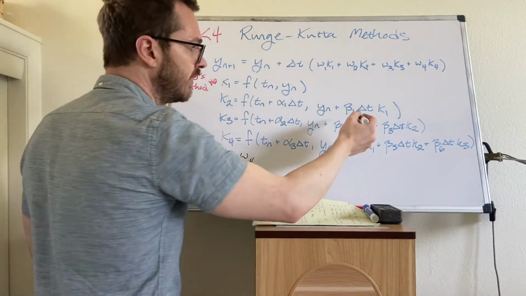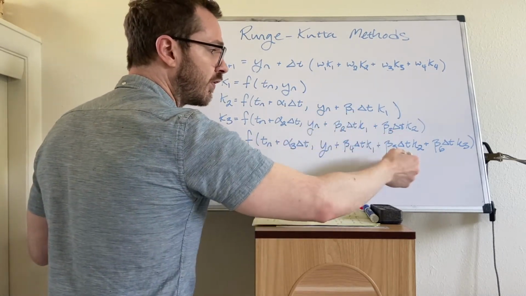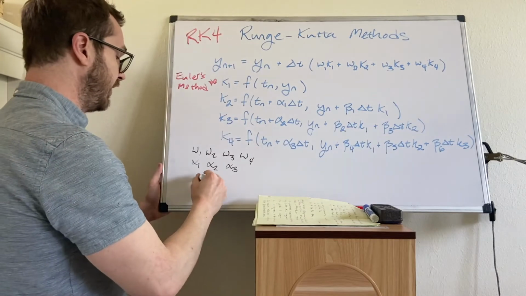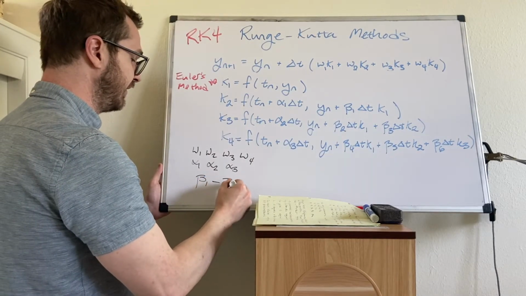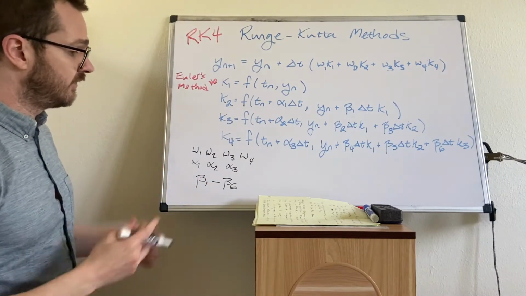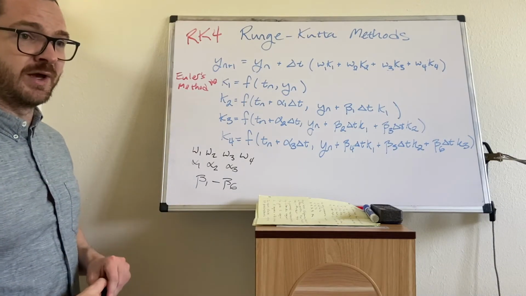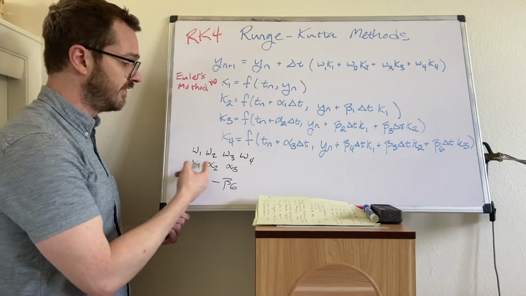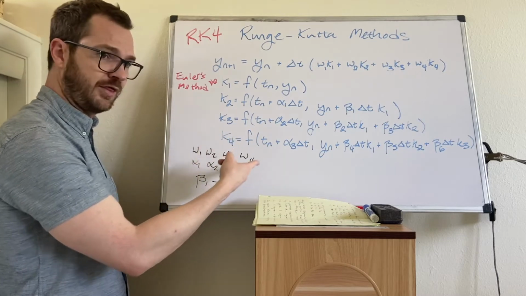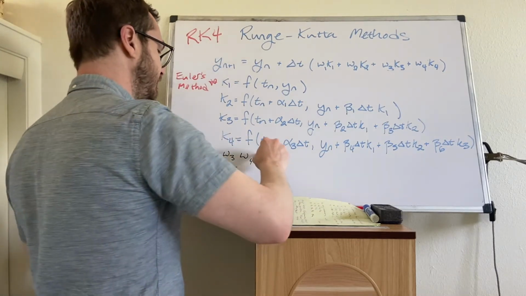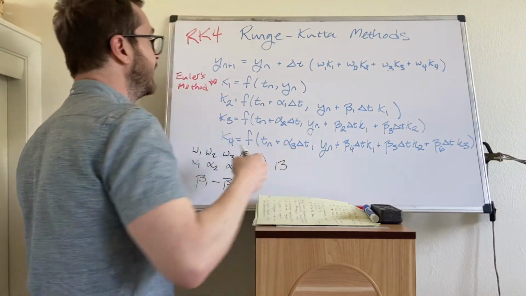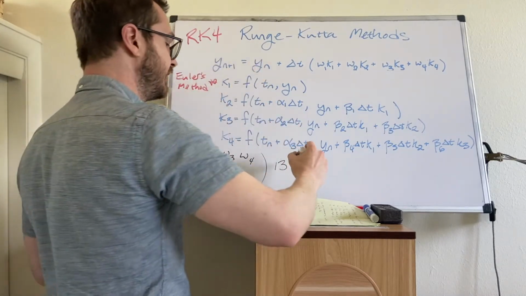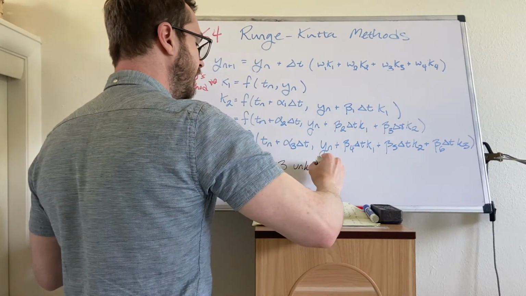So we have beta 1, 2, 3, 4, 5, and 6. So I'm just going to say beta 1 through beta 6. So how many unknowns do we have? Well, there's 6, 7, 8, 9, 10, 11, 12, 13. So in a Runge-Kutta 4 expansion, there are 13 unknowns.